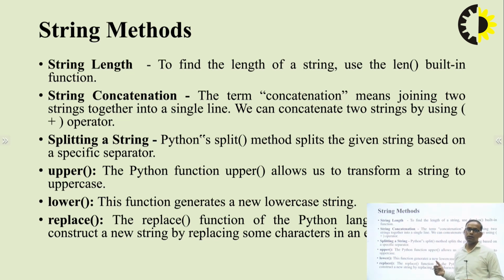Splitting a string: the split function is basically used to split a string or to extract substrings. Next, the upper function is used to convert a string written in lowercase to uppercase. Again, the lower function is used to convert a string written in uppercase into lowercase. The replace method is used to replace an existing character or alphabet inside the given string.